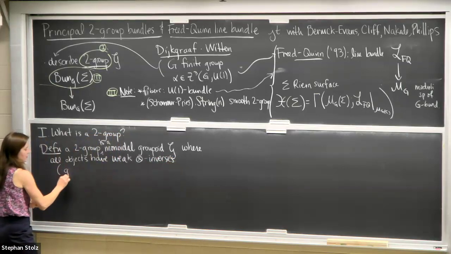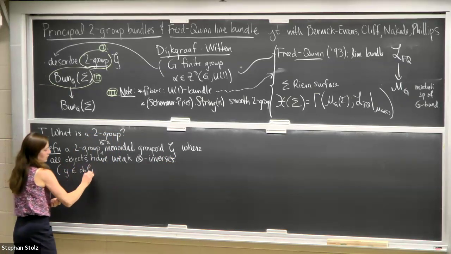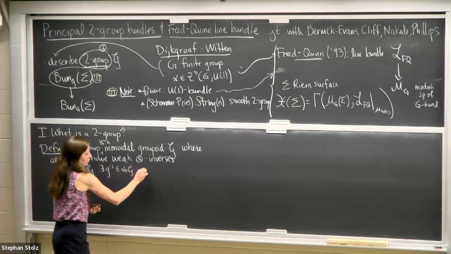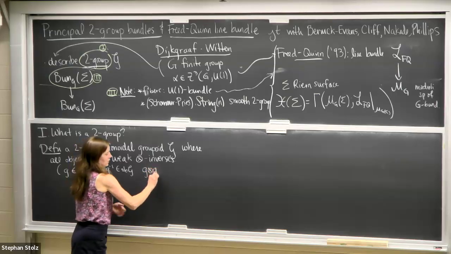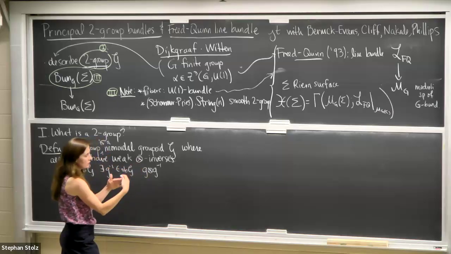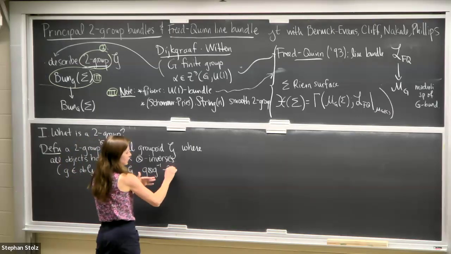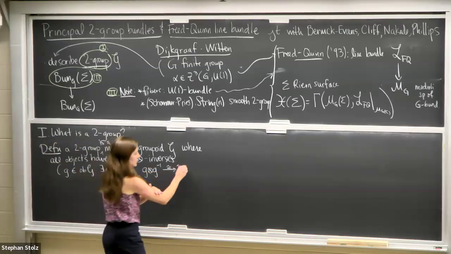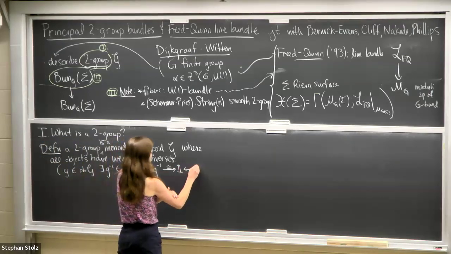That means if you have an object in your group, there exists another object where the things that you would have as equalities, if you were just dealing with an ordinary group, you now have as natural isomorphisms from the tensor product of G and G inverse to the unit object, and the opposite way around as well.